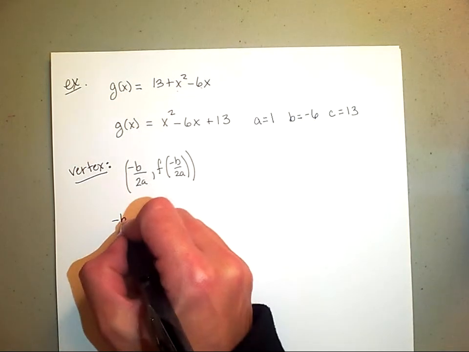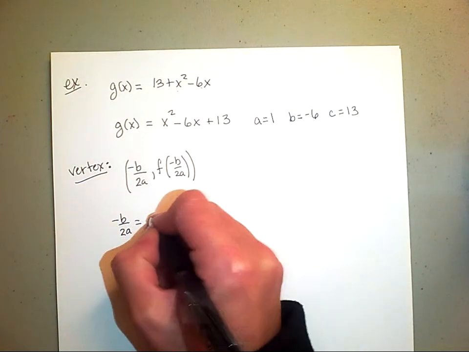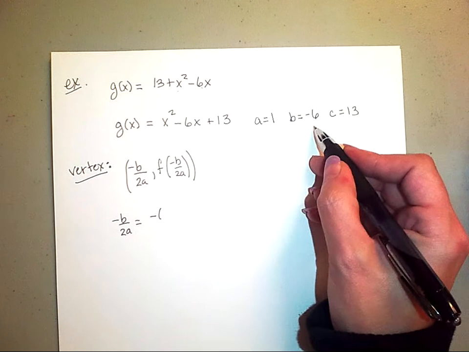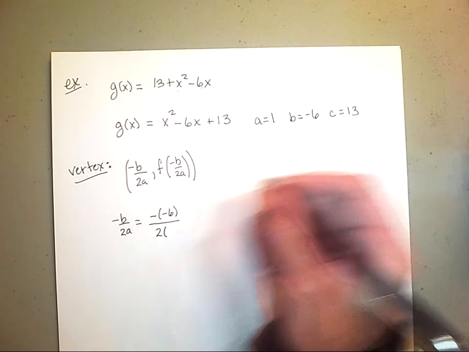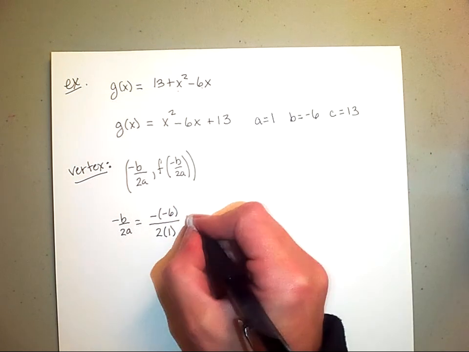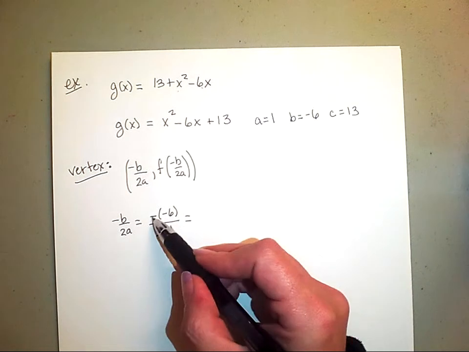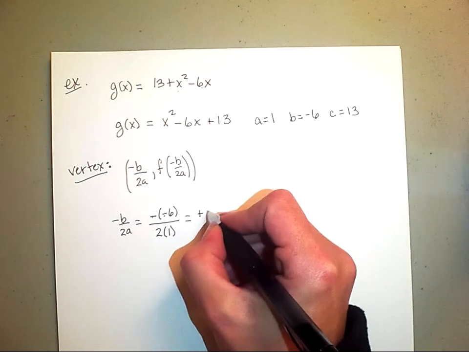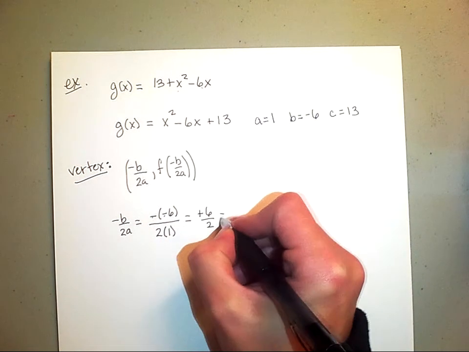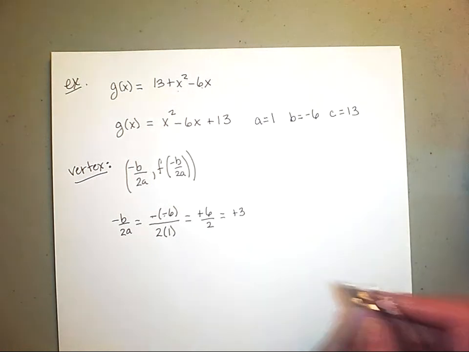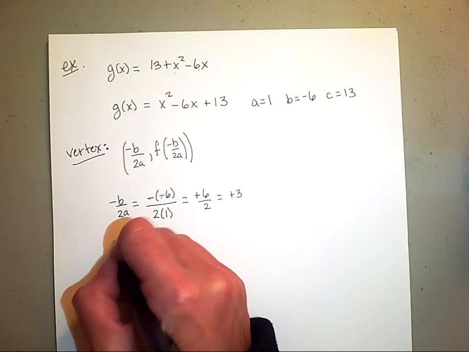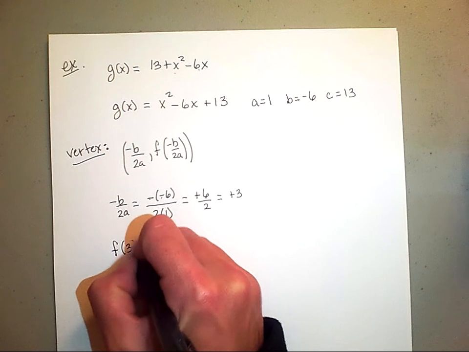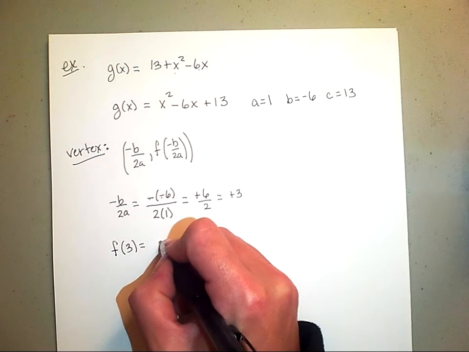So if we find negative b over 2a, okay, that's a negative, and then b is negative 6, over 2 times a, which is 1. The negative and negative become positive, 6 over 2, which is positive 3. Now, from that, we could take that and evaluate the function at 3.